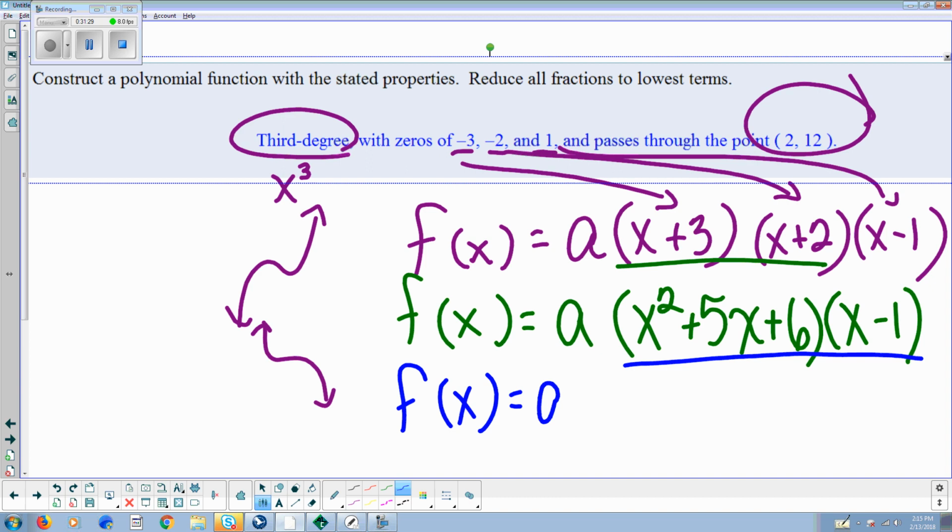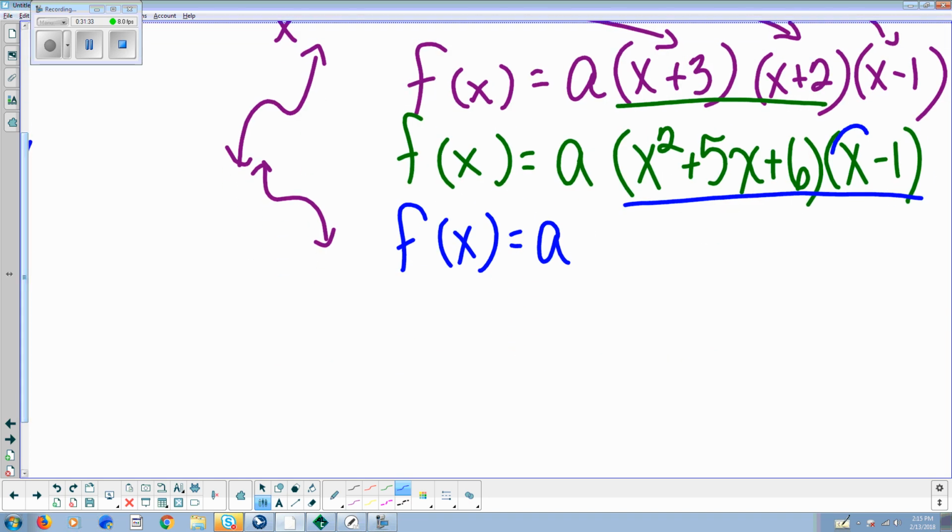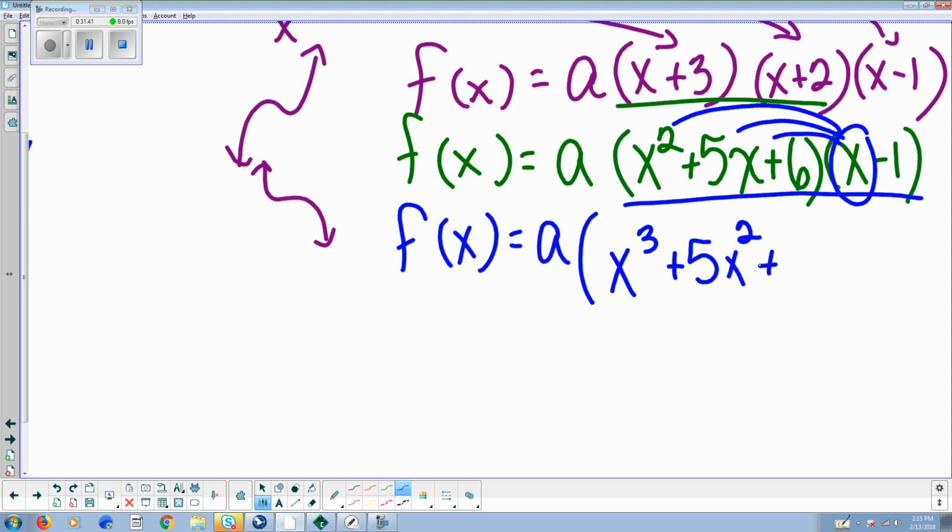So f of x equals a times, if I take this x and multiply it back by all three terms, I get x cubed plus 5x squared plus 6x. Then if I take the minus 1, multiply it back by all three terms, I get minus x squared minus 5x minus 6.